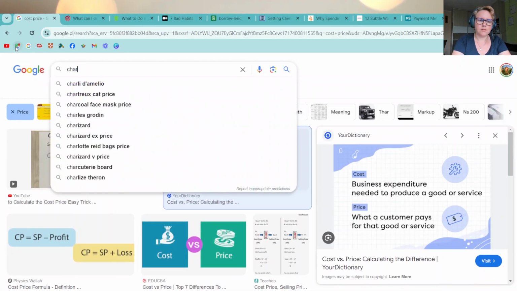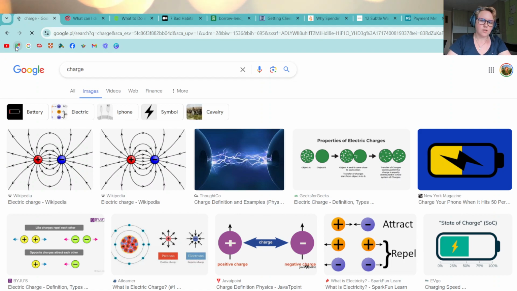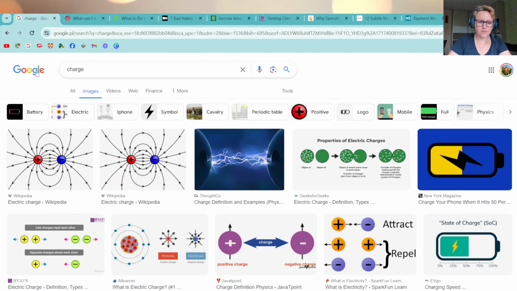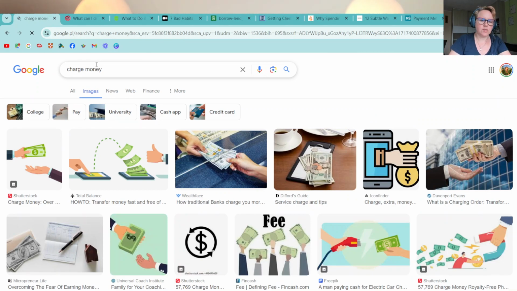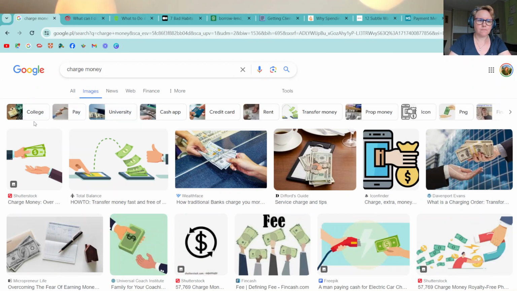And the last word, charge. Okay, that's not what I wanted, because that's another meaning. Charge money. Say charge money. You go to, I don't know, a car mechanic, let's say, and he says that you need to pay £200 for the service.